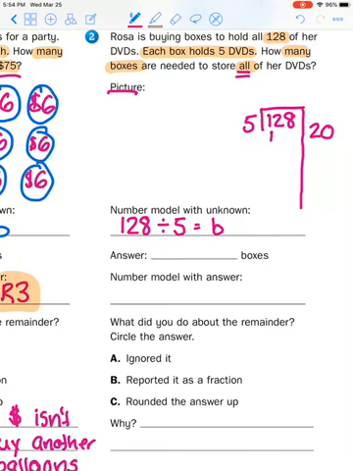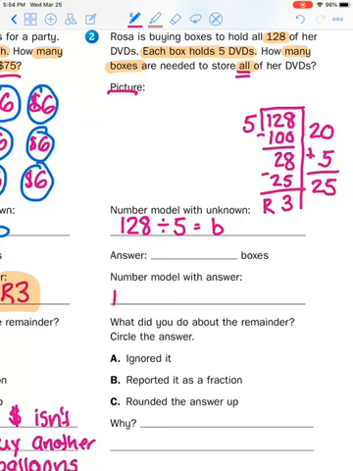So 5 times 20 would give me 100, and I'm going to subtract and I get 28. Now I know that 28 is not a multiple of 5. So I could get close, but I'm not going to get exactly what I need. So I know 5 times 5 is 25. So I'm going to have 25 with a remainder of 3.